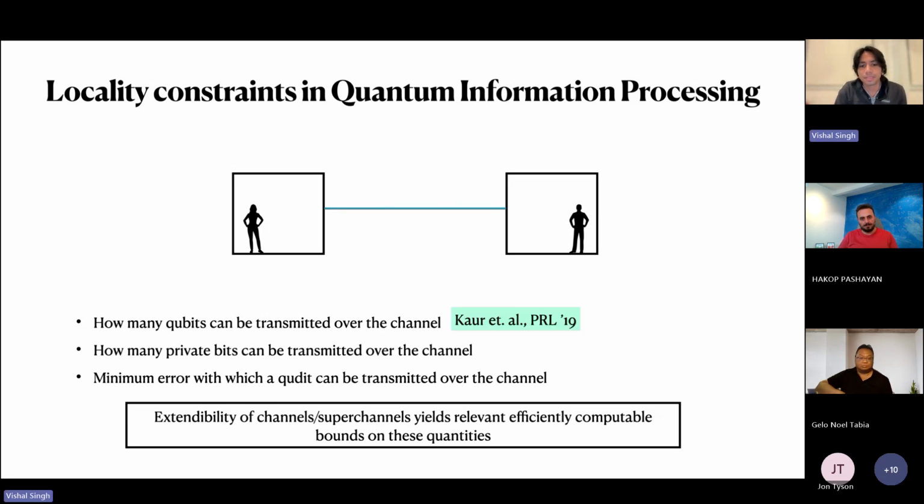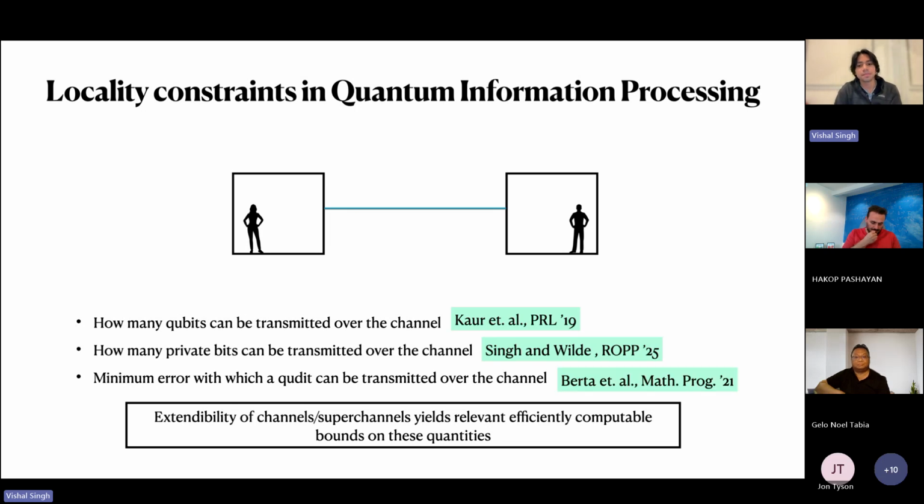Okay, so this first question was not necessarily answered, but an upper bound was found on this quantity in 2019. We found an upper bound on the number of private bits recently that I actually presented in the quantum resources workshop where I met Jello.